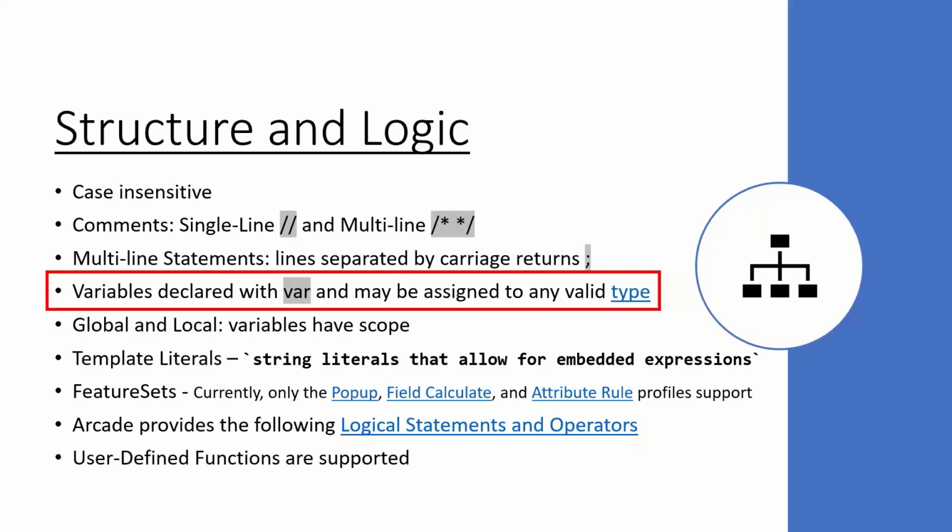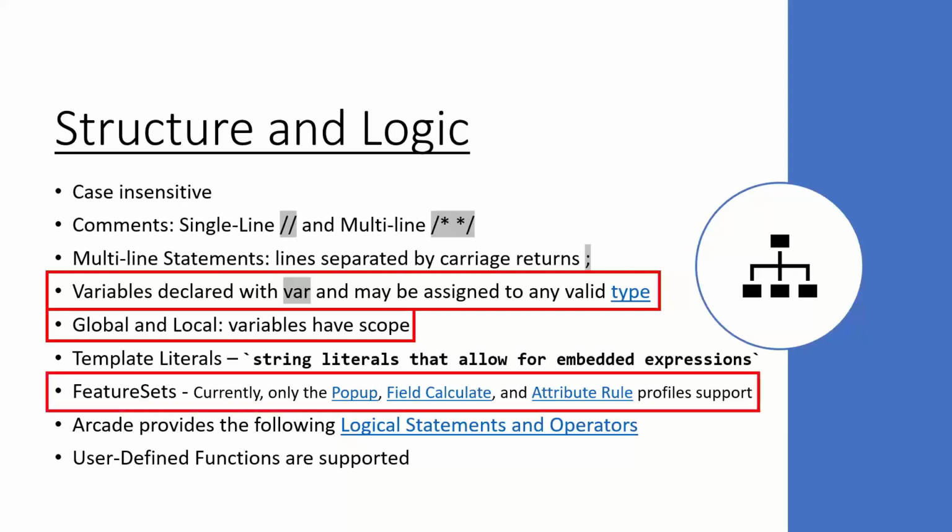What makes Arcade unique is its inclusion of feature and geometry data types. Variables have scope depending on where they are called in your script. Currently only supported in the pop-up, field calculate, and attribute rules profiles, feature set is a function that allows you to access information from other layers in your web map. And Arcade has a library of logical statements and operators, which you can reference on the developers page.